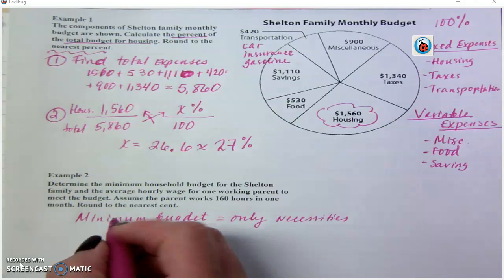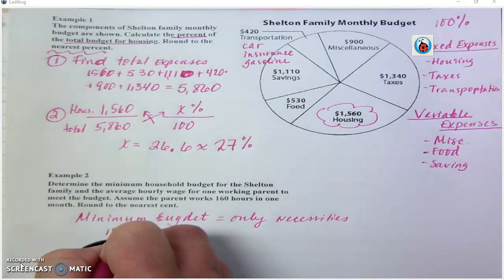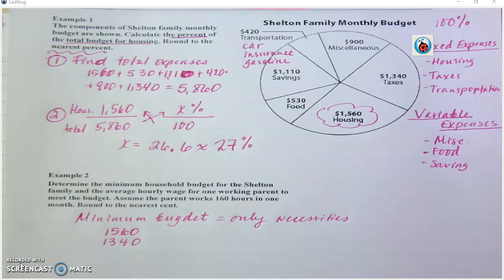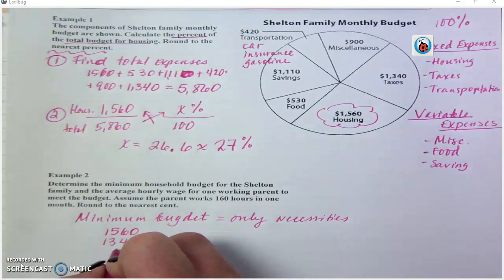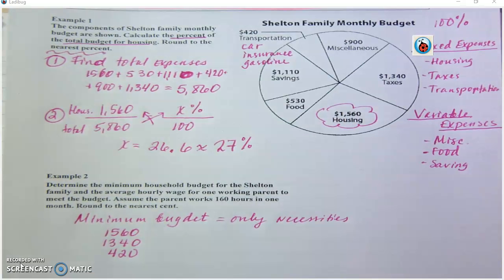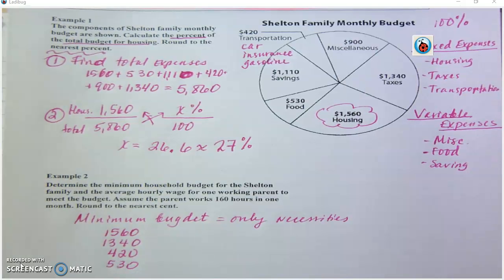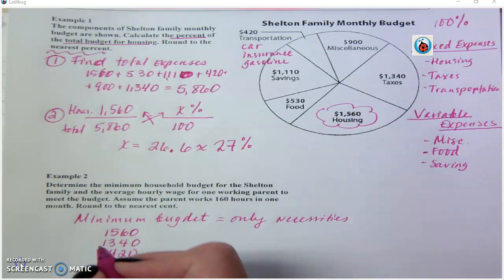So minimum budget, of course, it has to be the housing, the taxes, cannot get away without them. Transportation, and food is going to be, guys, counted as your minimum, the necessity itself, $530. Okay, so savings and miscellaneous are not going to be part of our minimum budget.